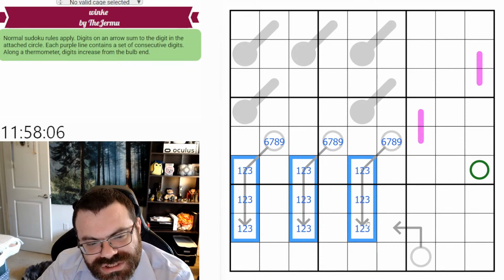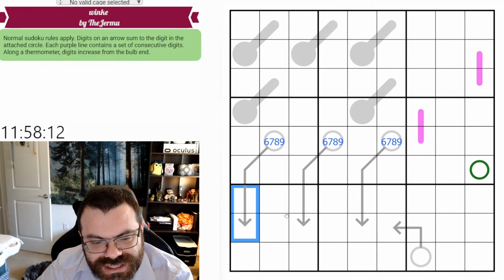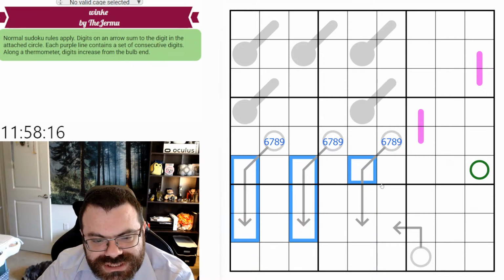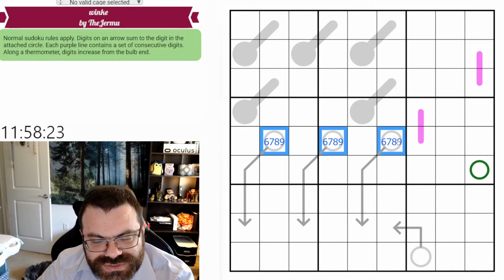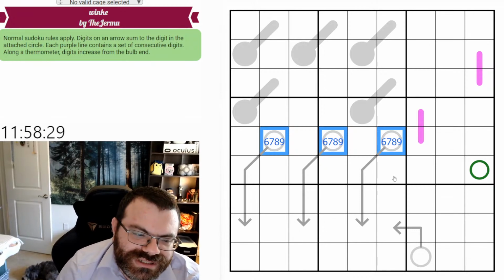I guess the problem is they could all just be 1, 2, 3 triples. No, they can't be because of this box. So if we take this box into account, these would add to at least 10. These would add to at least 6. That's 16. And then these could add to 3. That's 19. So these 3 add to at least 19. But 6, 7, 8 is already 21, so that's really not an issue.